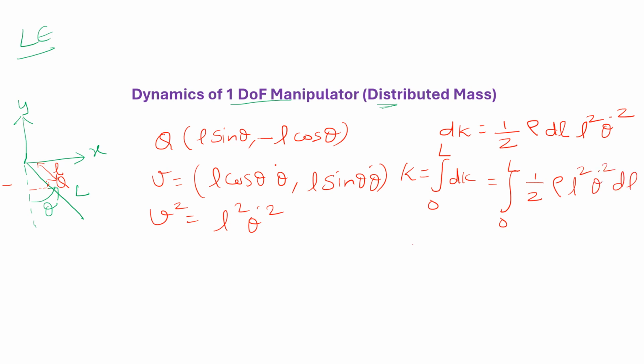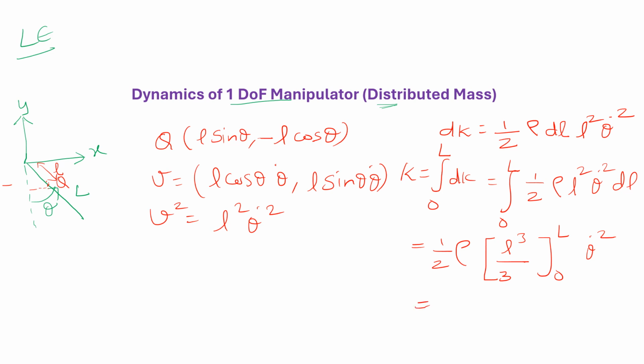That equals half rho, integrating with respect to l, which gives l cube by 3, applying the limits from 0 to L, into theta dot square.